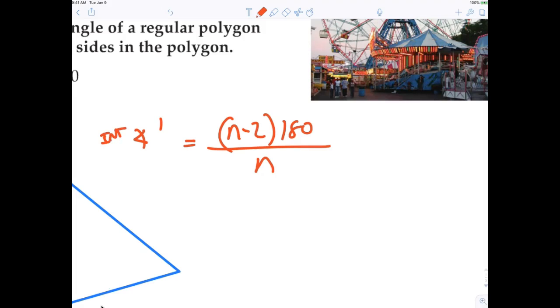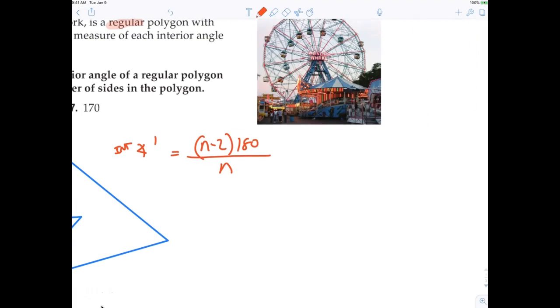Now, the only way you know is it has to say that it's regular. If it's regular, all of them are equal. All right, so how many sides does this have? 16. So we would then say 14 times 180 divided by 16.